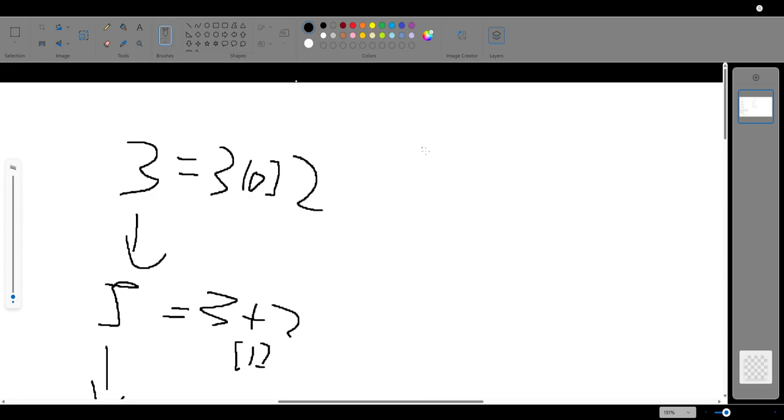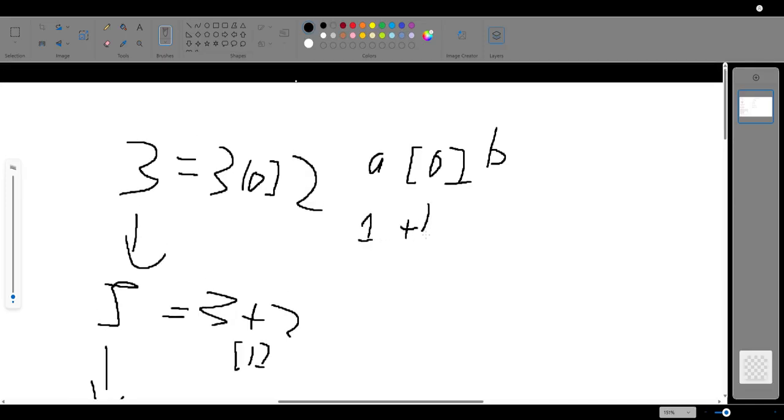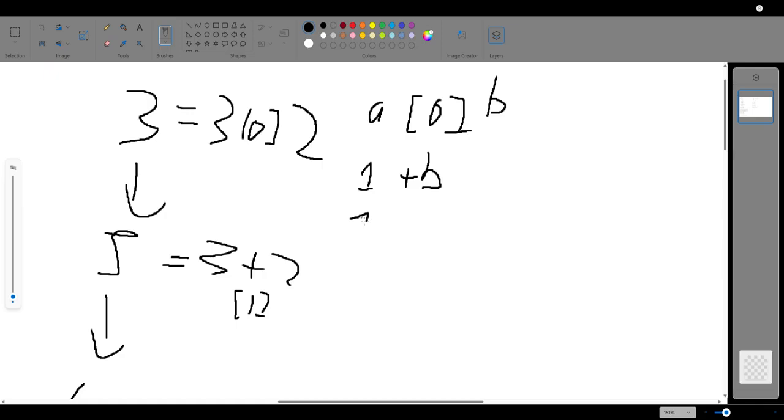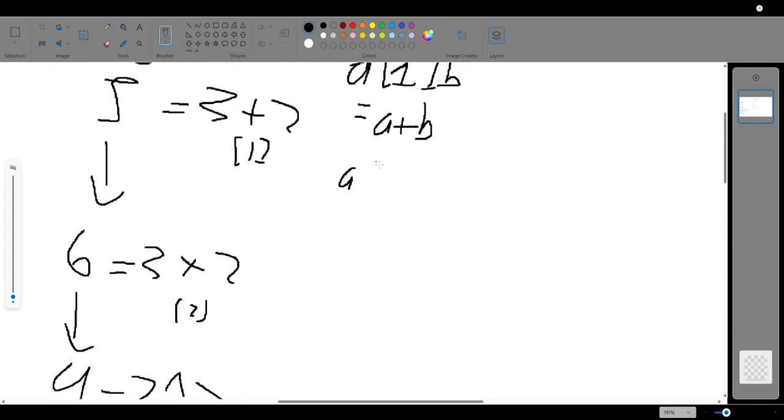When you have something 0, that's just the subsequent number. So if you have A, 0, B, it would just be 1 plus B. A, 1, B, that would equal A plus B, and then A 2 B would be A times B.